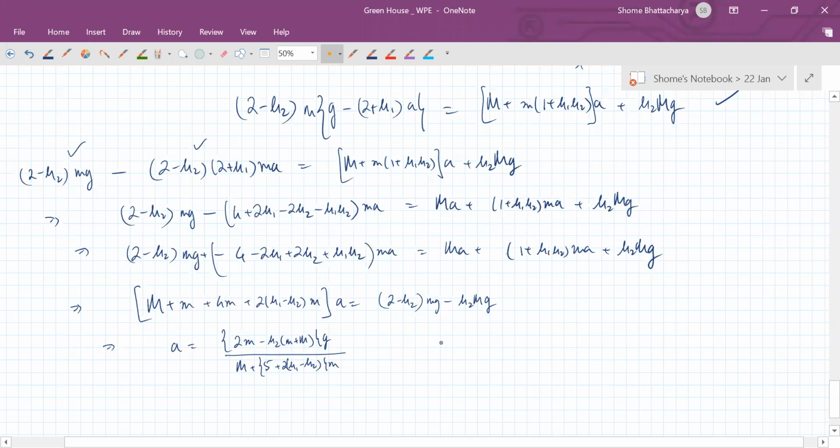Maybe let's check. Yeah, I believe that is the answer. So it takes time and patience to solve, especially because we are solving this parametrically.